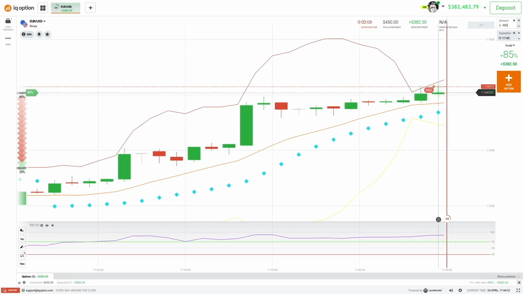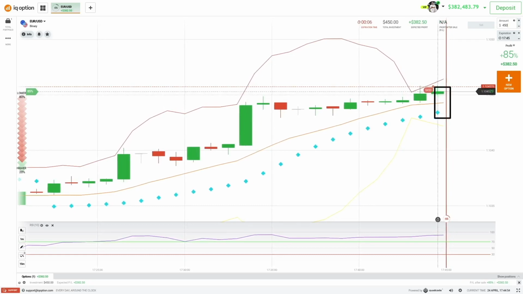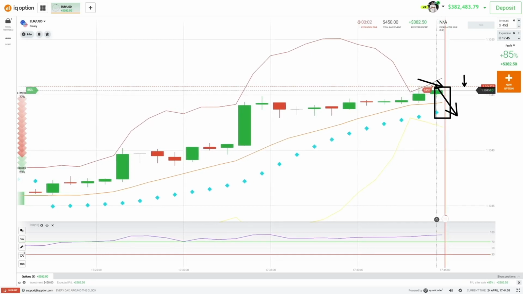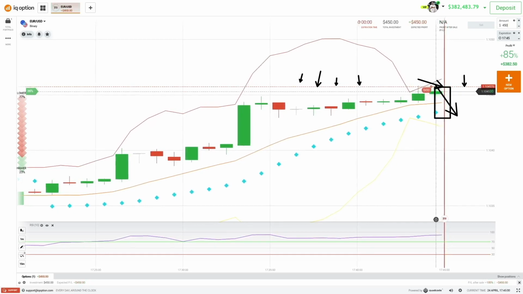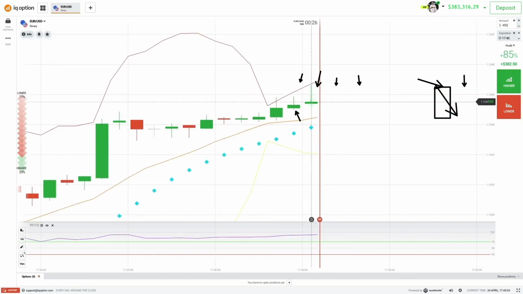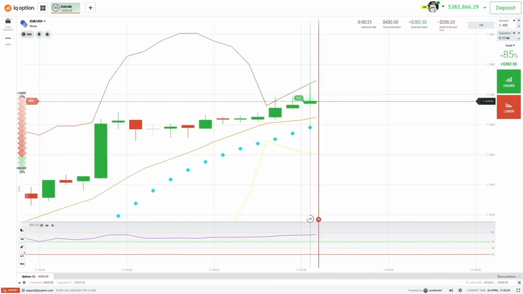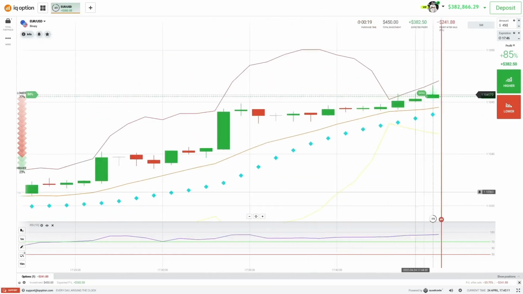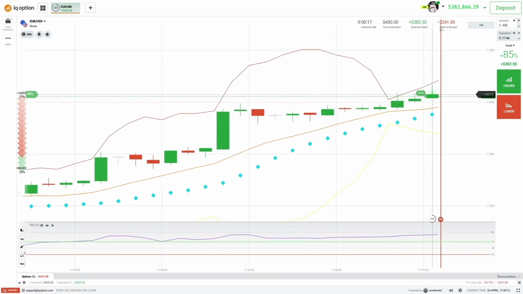Great. So as you can see here, I'm expecting that the market will go below this level or close below. Yeah, fortunately, see, this candle was green, but this was happening later. All right, here it's clear, it's easy, I guess. Here it's easy to understand that this one is going up.